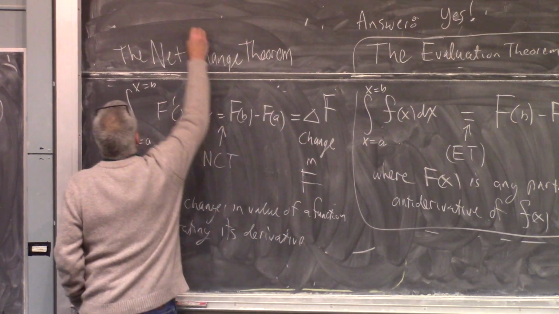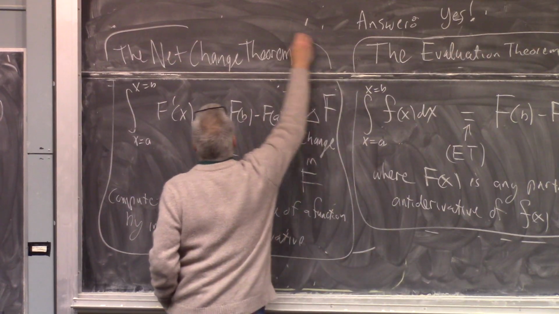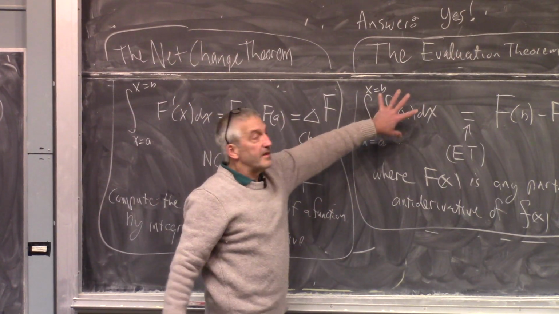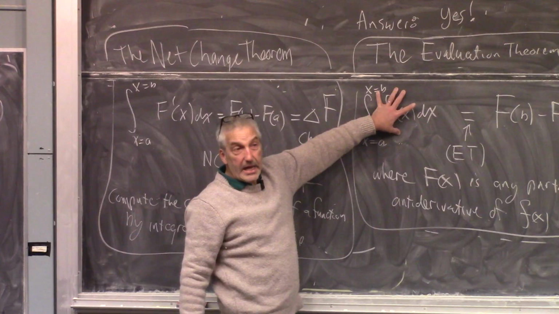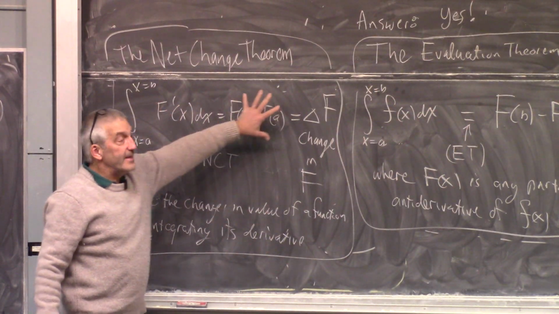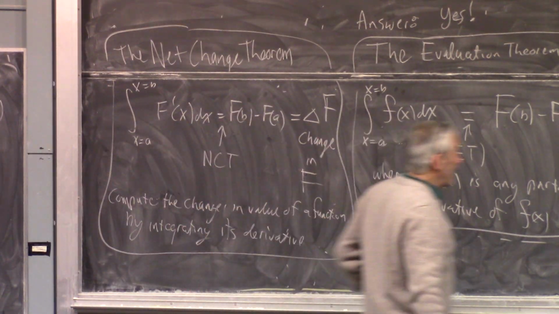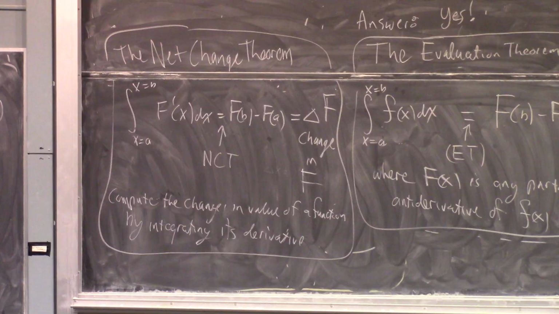In the evaluation theorem, what I was interested in was this thing, which is signed area, and I can get it by doing this. In this case, what I'm interested in is the change in value of something, and I'm going to get it by integrating the derivative.